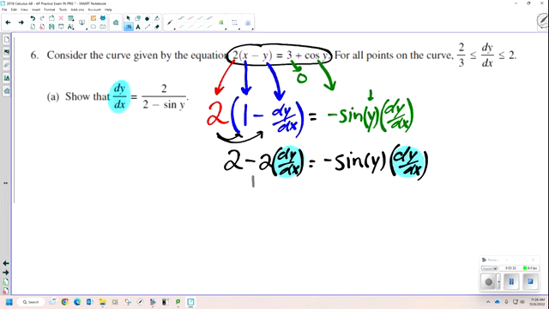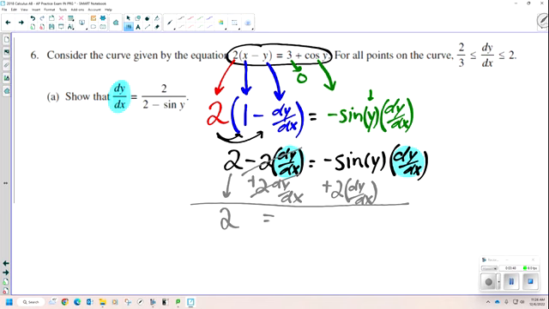So, let's add 2 dy/dx to both sides. Plus 2 dy/dx, okay? And when I add this, the 2 just drops. It comes along for the ride. Whee!